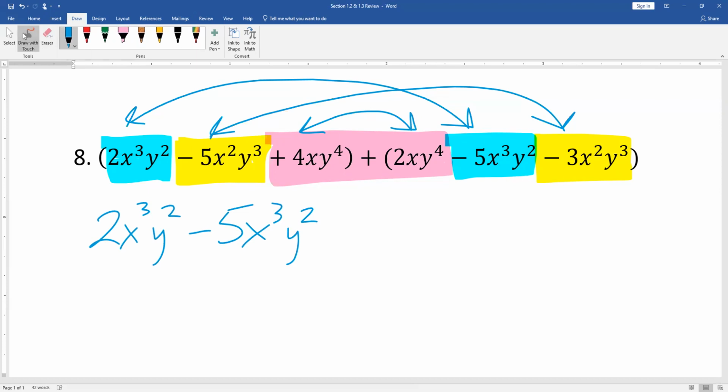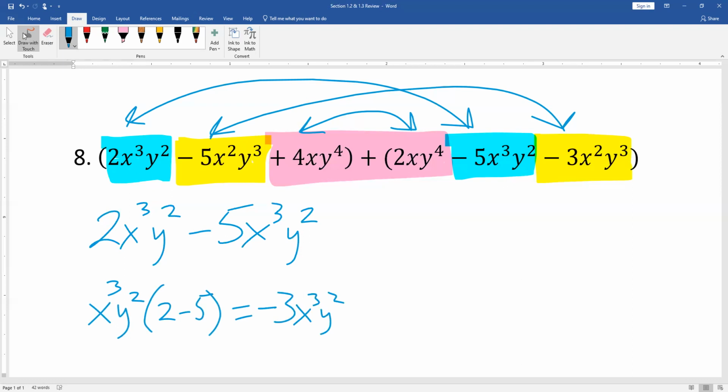You can actually extract the 2 minus 5 from the variables x and y, and you end up with x cubed y squared times 2 minus 5, which I know is kind of a weird order, but we'll fix that, equals, then you see you've got 2 minus 5, so it's -3x cubed y squared.